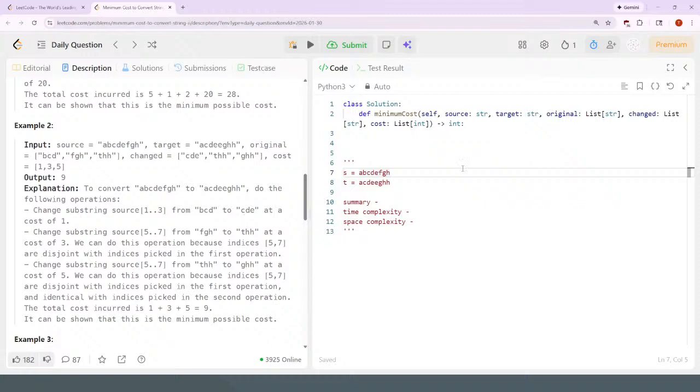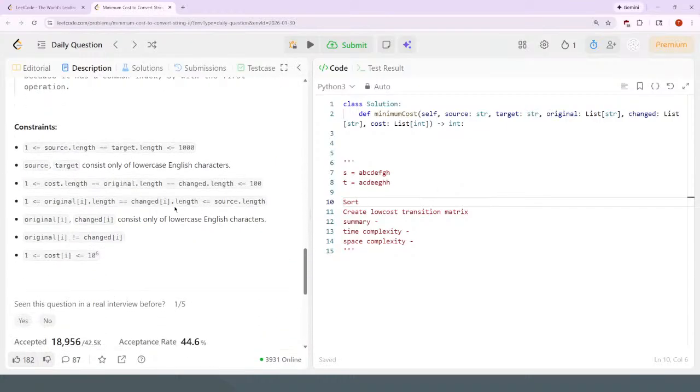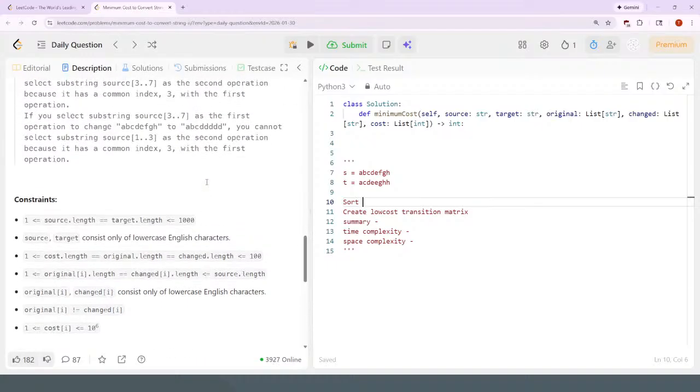So I think it's going to be something like create a low cost transition matrix. I guess what I should probably do first is sort. Is that 100 by 100 or actually 200 by 200?